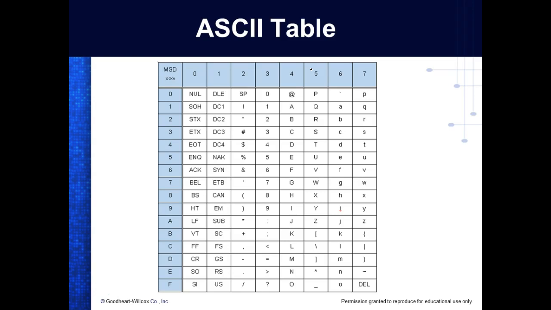Not acknowledge, or NAK. Acknowledge, bell, backspace, horizontal tab, line feed, vertical tab, form feed, carriage return. I have no idea what that's for. These are just device control codes that were used by different things. So these are all what we call control codes.